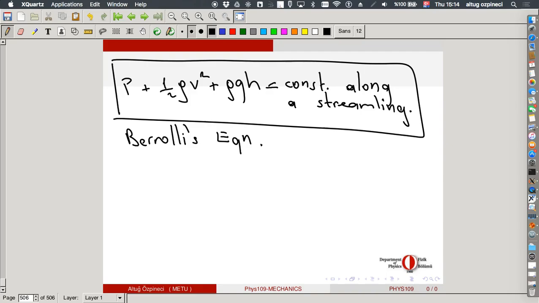But speed is different. If you compare this point and this point, since I'm flowing in between, the speed becomes larger. If the speed becomes larger, this combination should be constant, so the pressure should drop. That's why these leaves move towards each other. The pressure in between is smaller than the pressure outside when I blow.